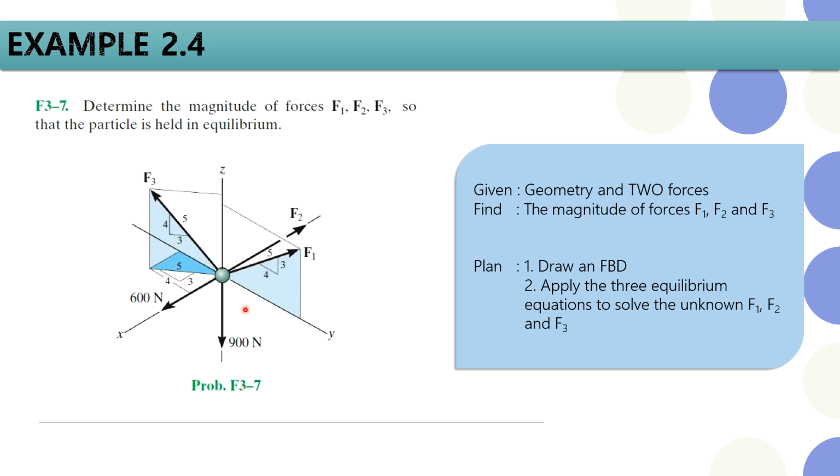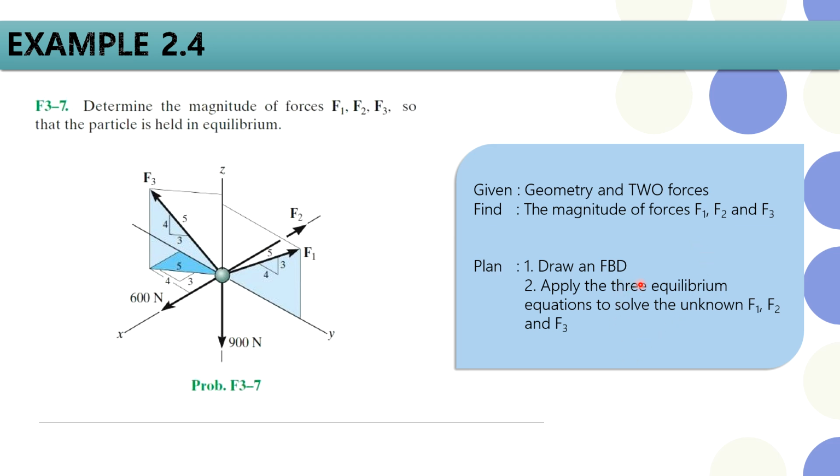The unknowns are 3 forces, F1, F2, and F3. So given the geometry and the 2 known forces, what you need to find is the magnitude of the unknown forces F1, F2, and F3. So our plan remains exactly the same.